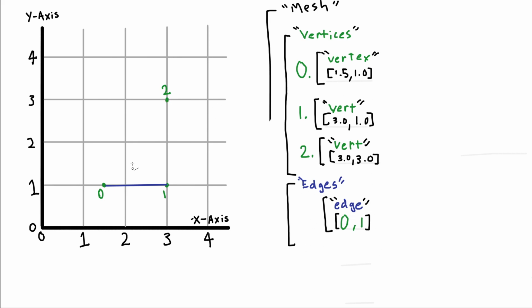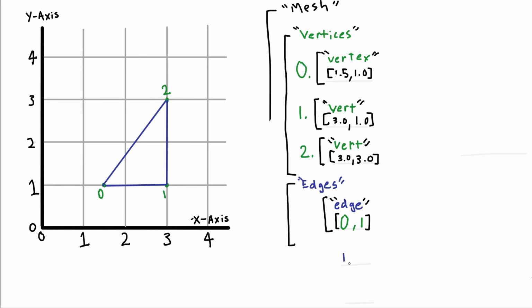And you can't have a floating edge on its own, because it has to connect vertices that are in the list. So we'd have to have a vertex here and a vertex here to have an edge there. Anyway, so let me go in and put in the other edges. And so there's an edge that connects 1 and 2, and an edge that connects 0 and 2. And we will add those to our list.